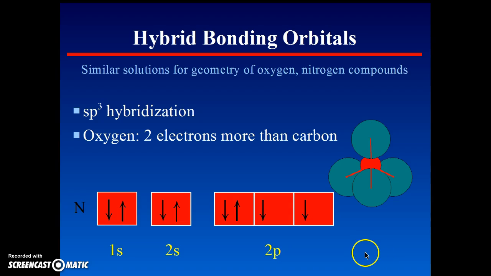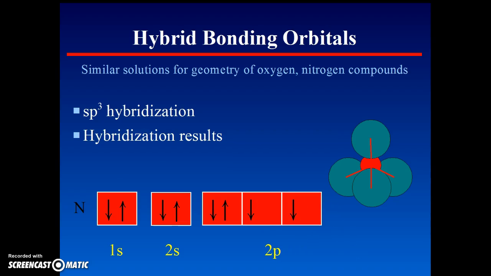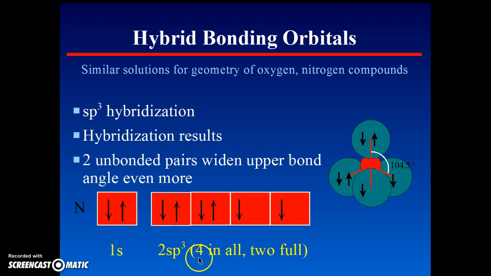What about oxygen? Oxygen has 2 electrons more than carbon. In the 2s2 and the 2p orbitals, we have 2 electrons in the x, 2px2, and then 2py1 and 2pz1. If we hybridize, we now have again 4 sp3 orbitals, but 2 of them are filled with electrons, as you can see in the diagrams here.